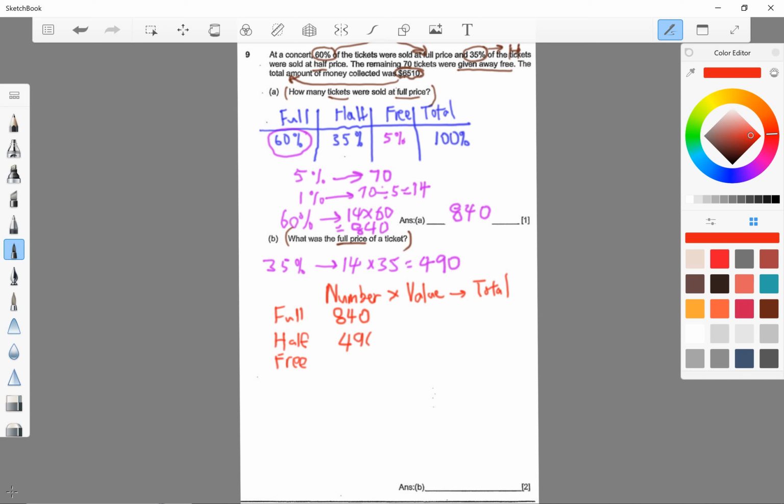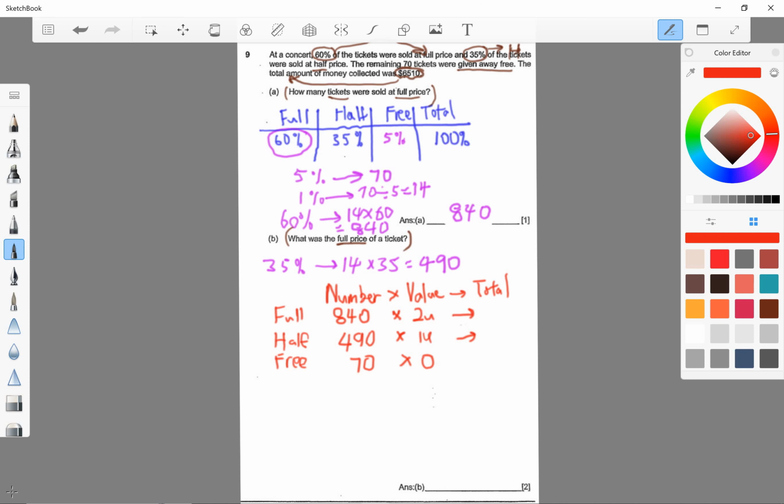As for the free tickets, 70 free tickets. So value wise, the full price will be 2 units, the half price will be 1 unit, and 70 is 0. You can also call it 0 units, it doesn't matter. But I guess writing it down as 0 actually be better. So 0, then I'll need to multiply across.